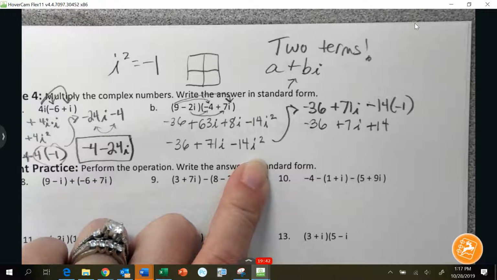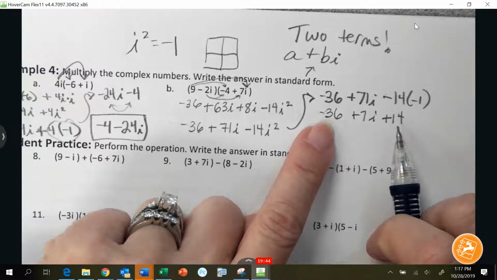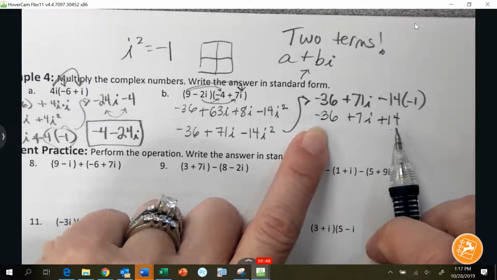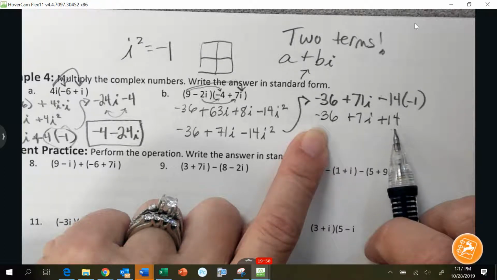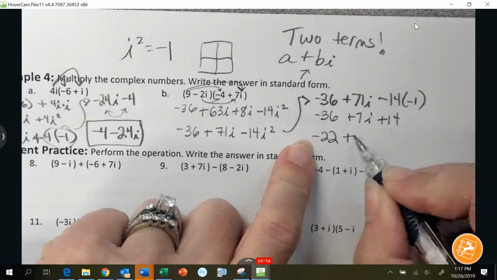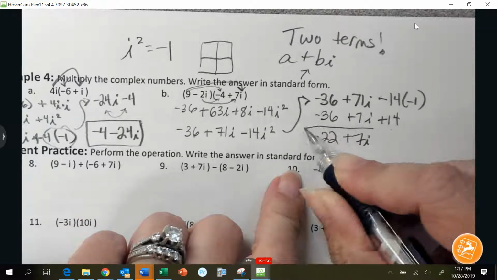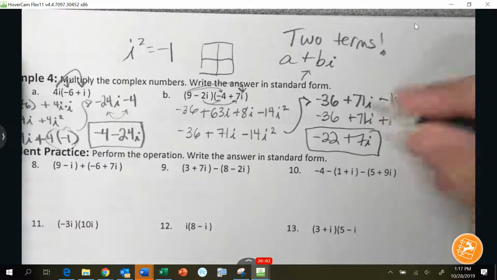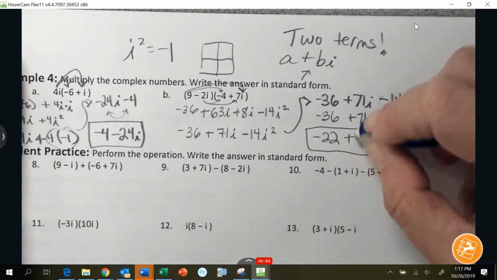One last step. Combine these like terms, negative 36 plus 14, negative 22 plus 71i. Make sure you have the imaginary part second. Is it not 71? Oh my gosh, I just forgot to copy it from here and then I copied wrong from there. Thank you.